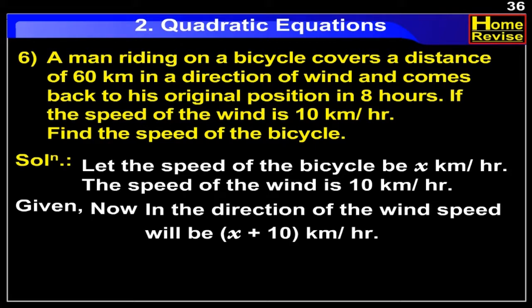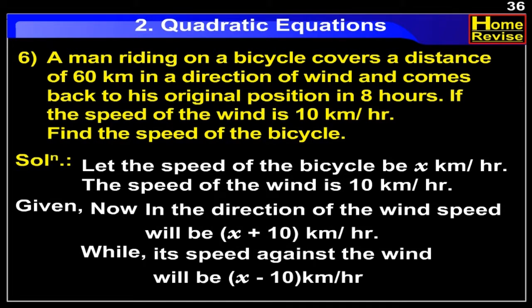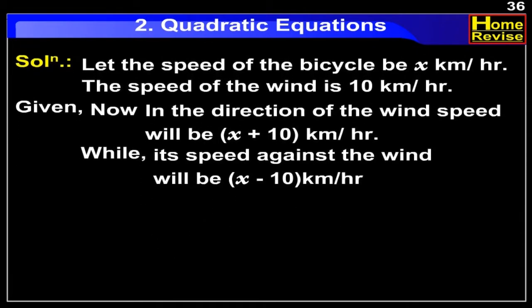Now, in the direction of wind, speed will be x plus 10 kilometer per hour, while its speed against the wind will be x minus 10 kilometer per hour.